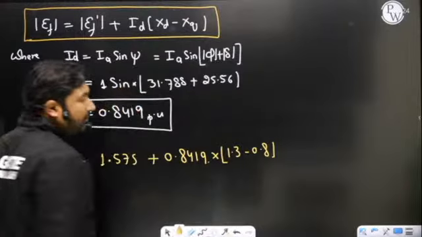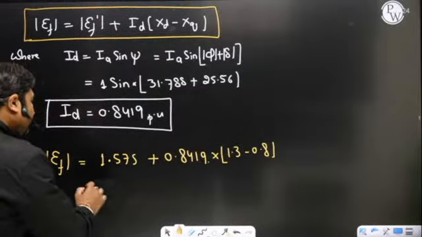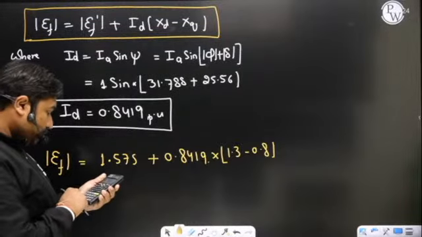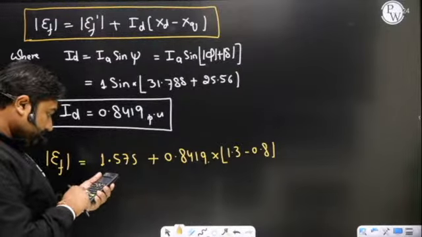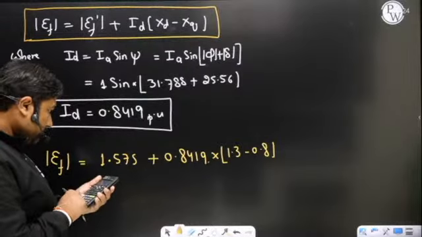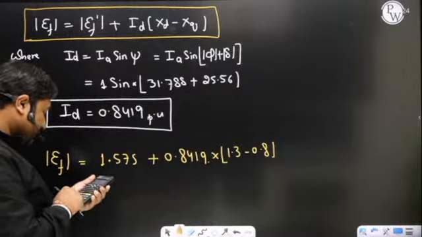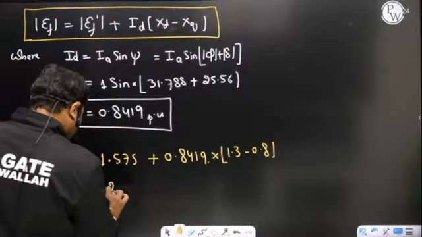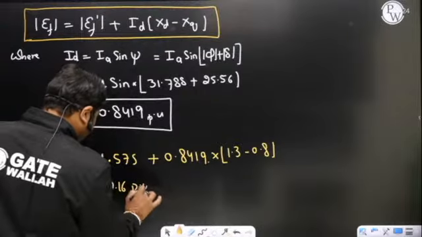Hoping you remember the slip test to find the values of XD and XQ. Then just add 1.575, so it is 2.16 per unit.